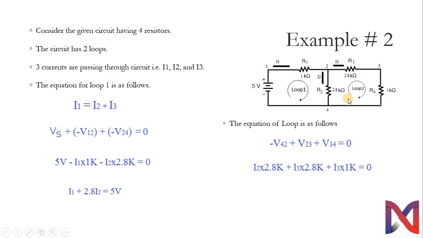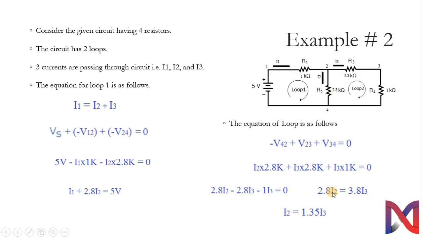It can be written as I2 multiplied by 2.8 kilo ohms plus I3 multiplied by 2.8 kilo ohm plus I3 multiplied by 1 kilo ohm. So it will be written as 2.8 I2 minus 2.8 I3 minus I3 is equal to 0. So we get our final equation as 2.8 I2 is equal to 3.8 I3.